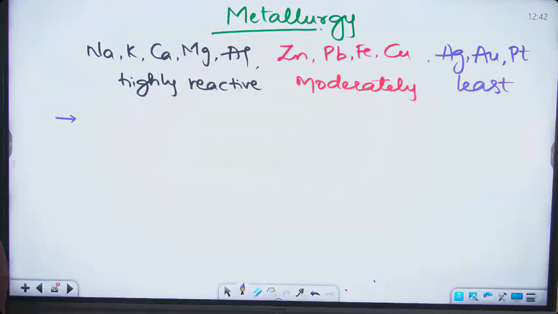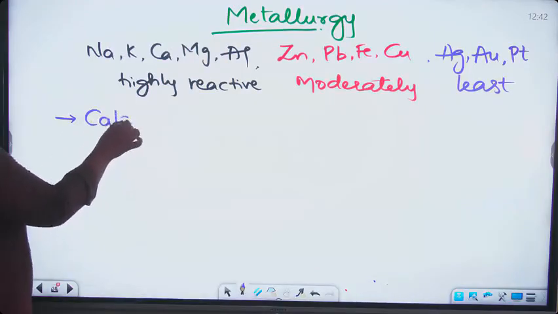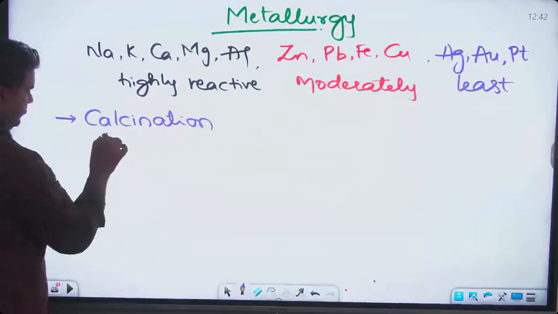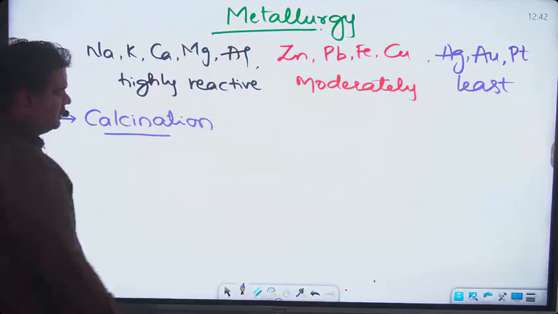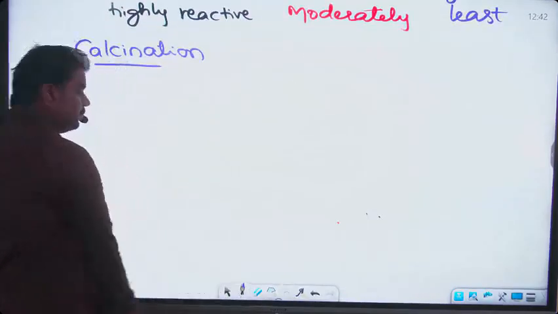So in case of metallurgy, we have got different methods for the removal of impurities. First one, we talk about the case of calcination. Now, what is this particular method which is known as calcination?